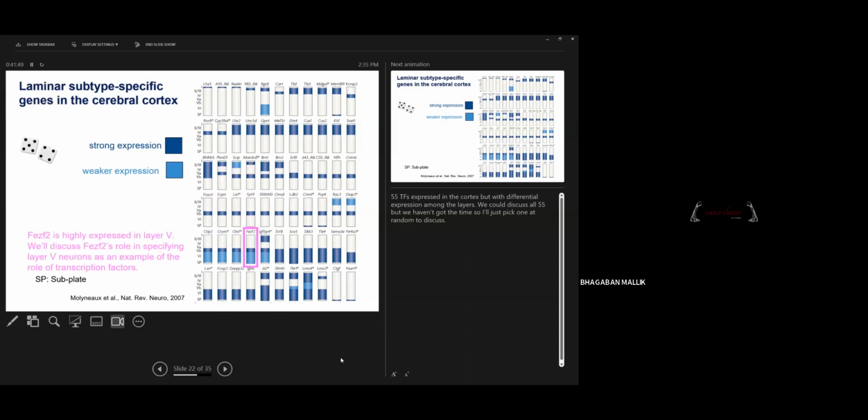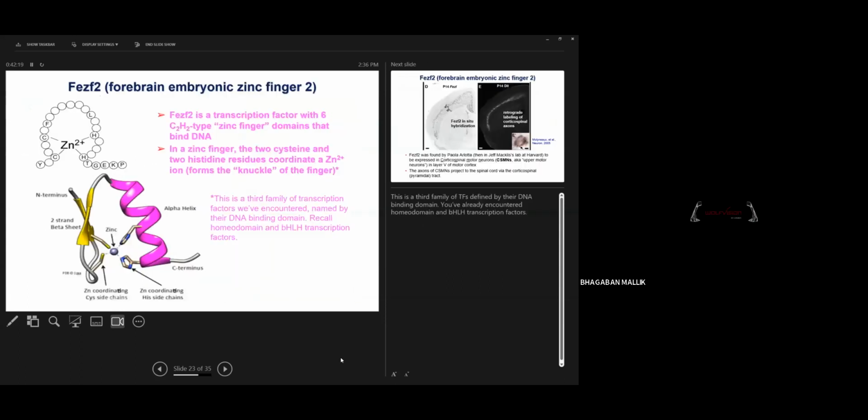So we'll talk about one of these transcription factors, that is FEZF2, and its role in specifying layer 5 neurons. As I mentioned, we are going to talk about layer 5 and how the neurons are specified in layer 5 because of the expression of this transcription factor, FEZF2.